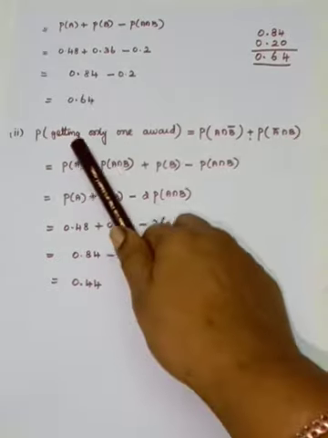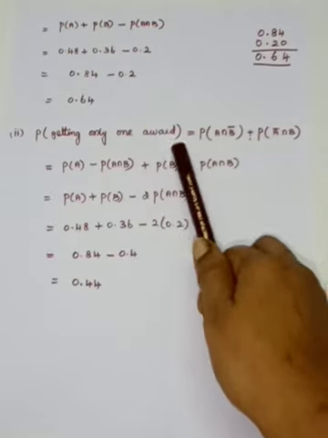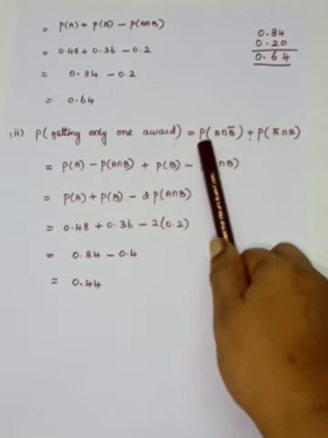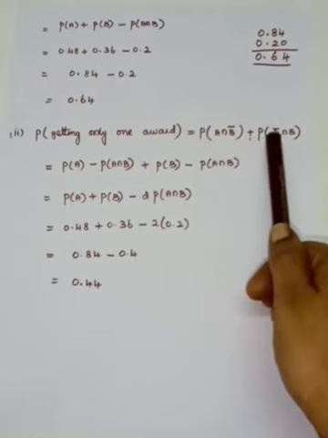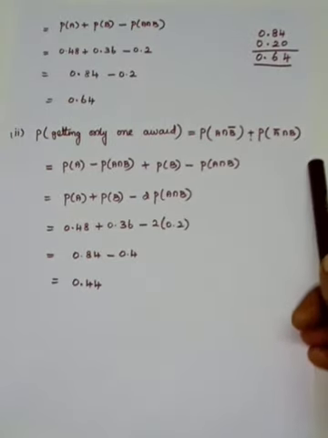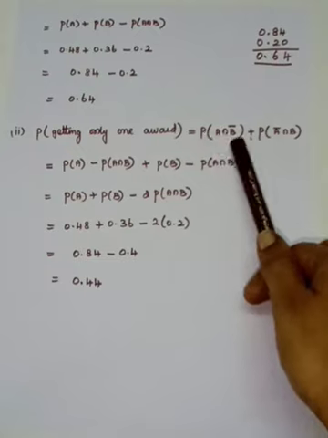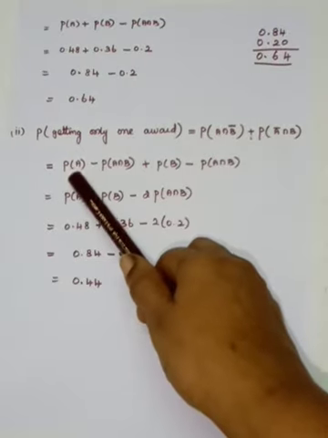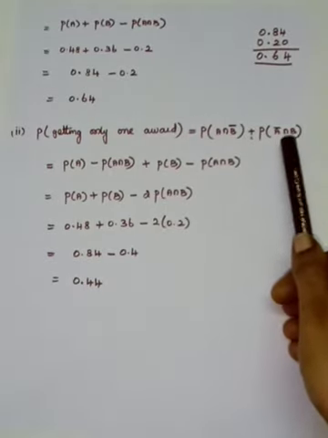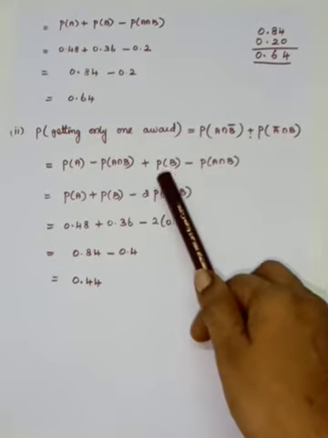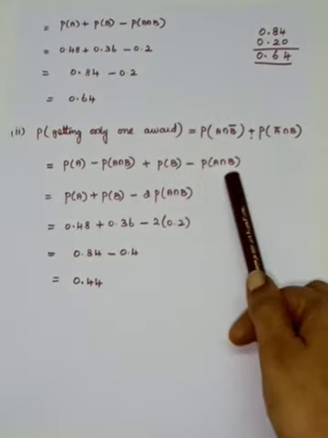So the probability of getting only one award is P of A intersection B bar plus P of A bar intersection B. So what is P of A intersection B bar? The formula is P of A minus P of A intersection B. And for P of A bar intersection B, the formula is P of B minus P of A intersection B.